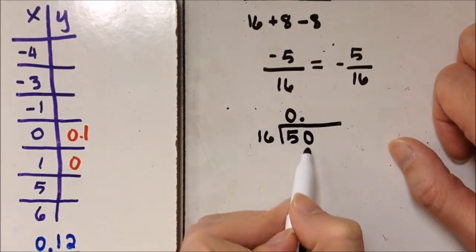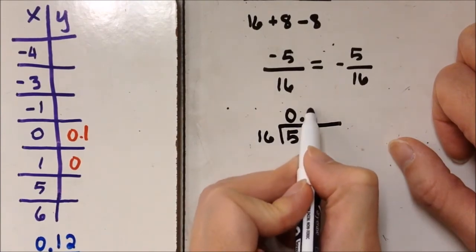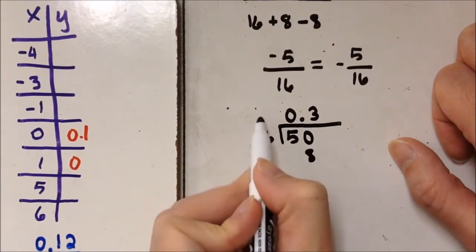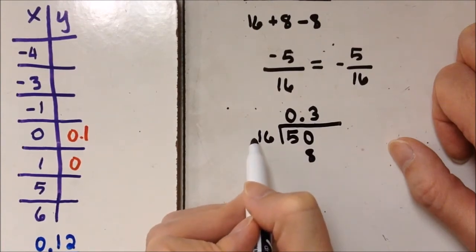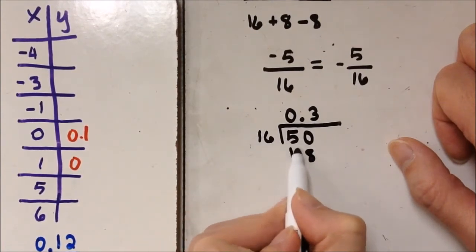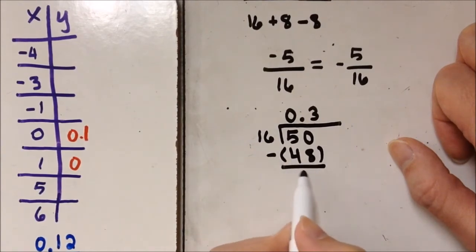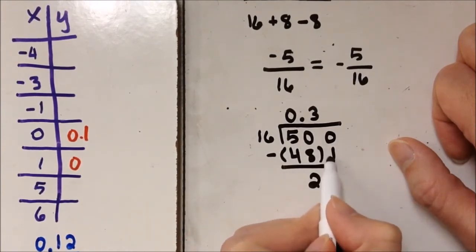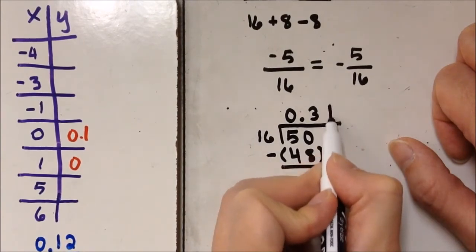Now 16 does go into 50, so I would say 3 times. 3 times 6 is 18, carry the 1, 3 times 1 is 3 plus 1, 48. So the remainder is 2. And add a 0, bring it down, 20. 16 going into 20 one time.